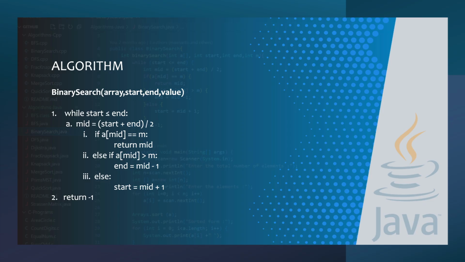If the value at the mid index matches the target, it returns the mid. If the target is smaller, the function updates the end to mid minus 1 index. If it's larger, it moves the start to mid plus 1 index. If the loop ends without finding the target, the function returns -1.